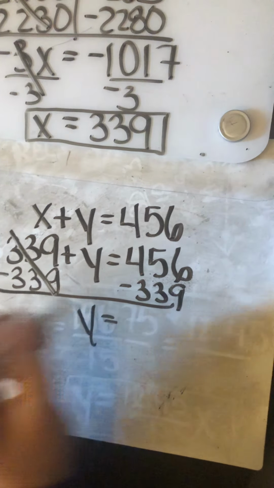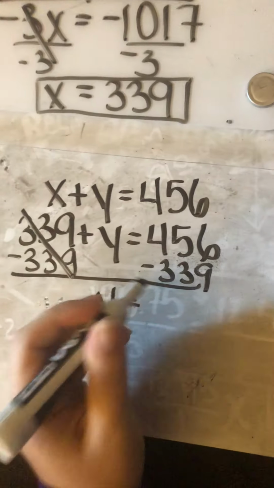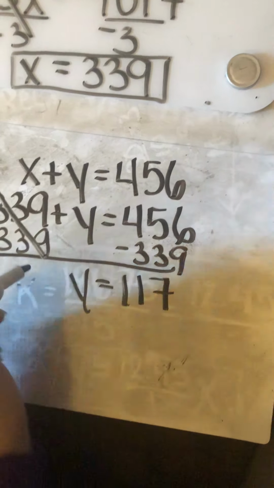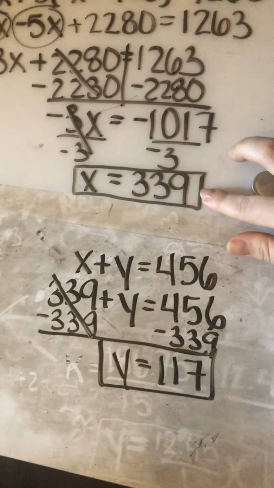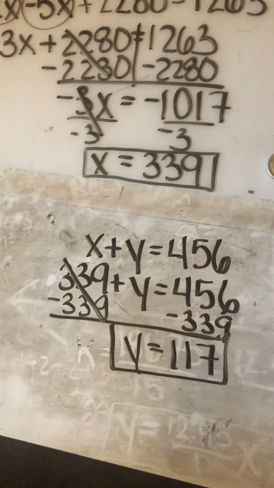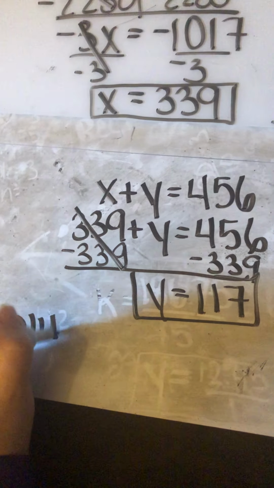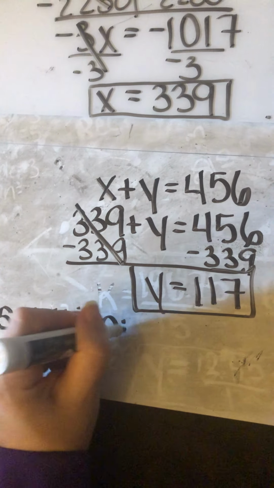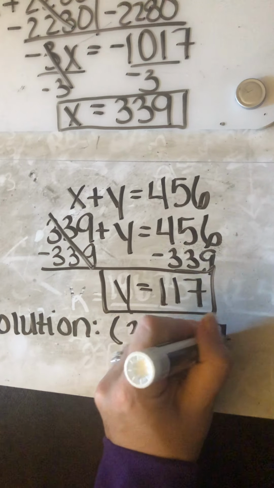Okay, and we will get y equals 117. Okay, so we have that x is 339, y is 117. As a solution, we're going to write that as 339, comma 117.